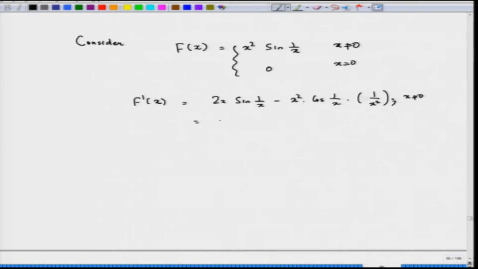That is equal to 2x sin 1 by x minus cos 1 by x, if x not equal to 0.